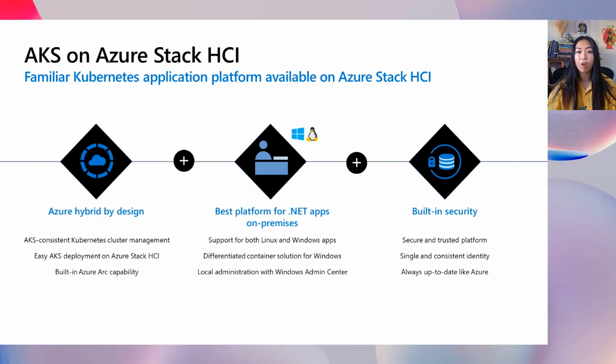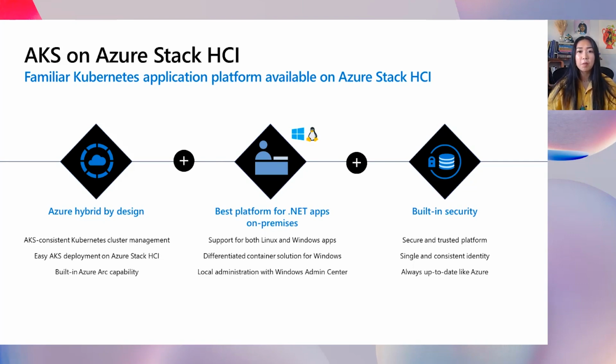But luckily for all those applications out there, Microsoft is an equal opportunity employer, so we still have a place for them. AKS on Azure Stack HCI is an Azure hybrid solution that allows you to run your Azure workloads on premises while still having the benefits of being integrated with Azure services.